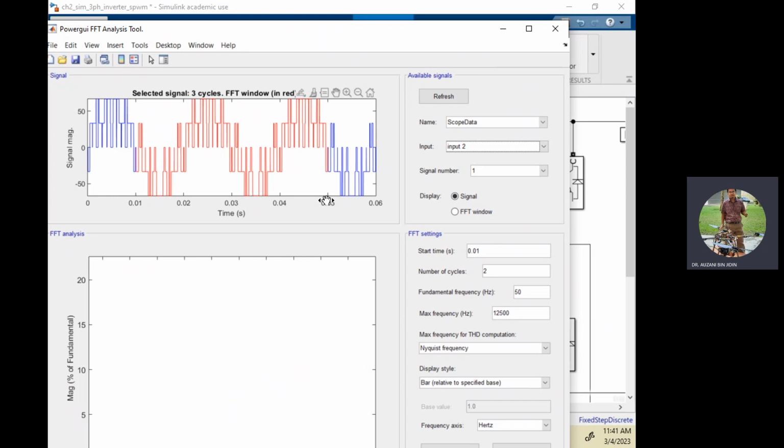Inversion of the frequency, right? 1 divided by 50, you get 0.02. So this signal will be analyzed for 2 cycles, starting from 0.01 to 0.05. So there's 0.01, you add up with 0.04, then you get 0.05.